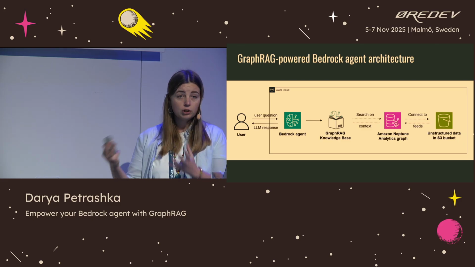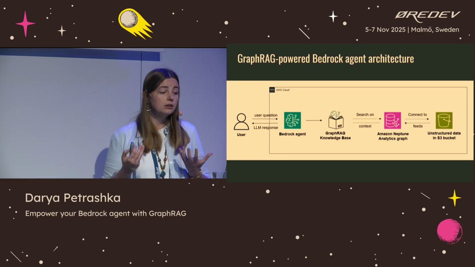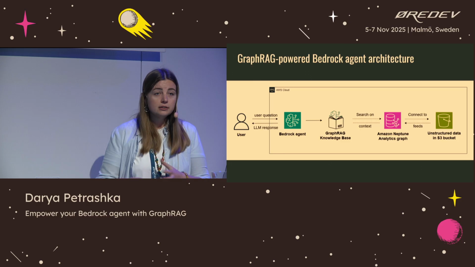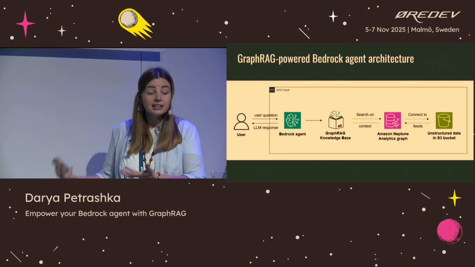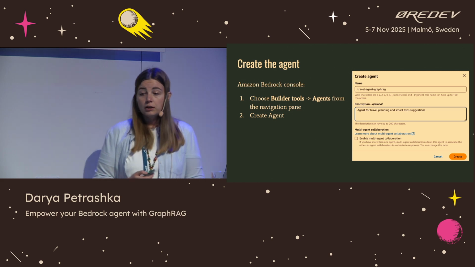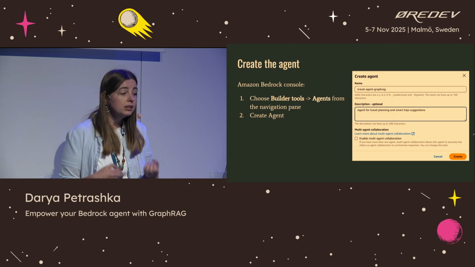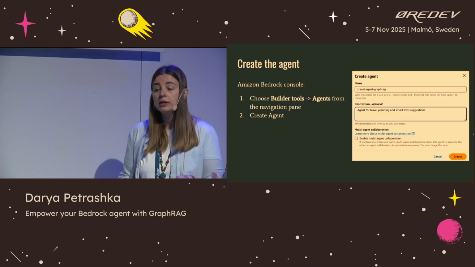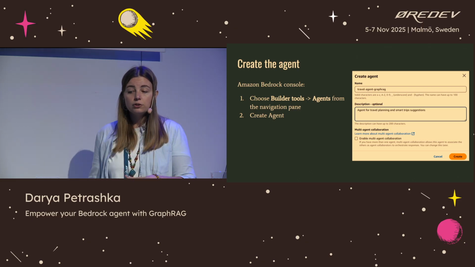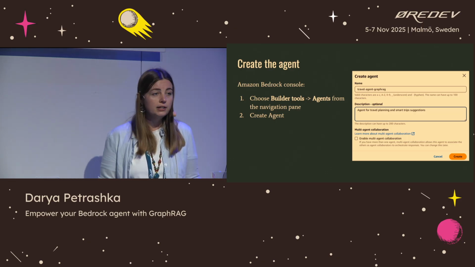Our graph lives inside the Neptune Analytics database engine, and our unstructured data is located inside an S3 bucket. The way to build it is pretty straightforward. If you go to the Amazon Bedrock console, you can go to Builder Tools, choose Agents from the navigation pane, and create an agent.